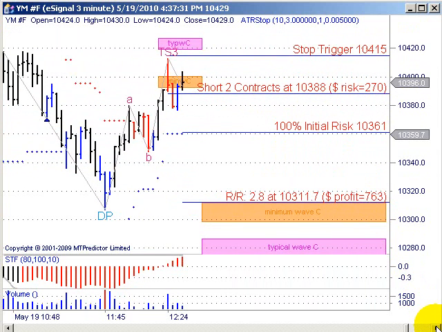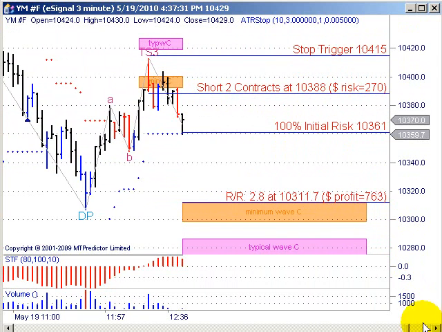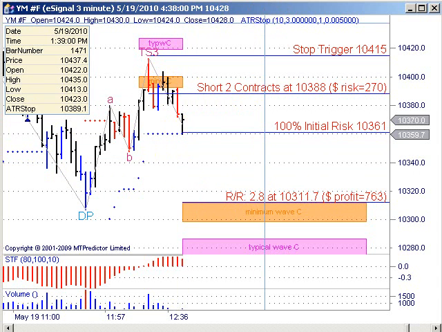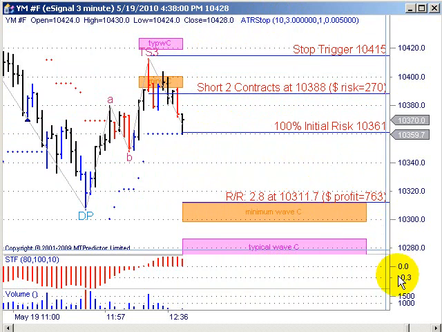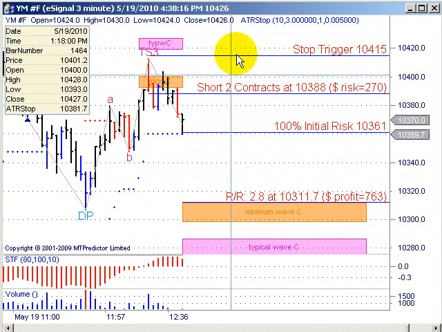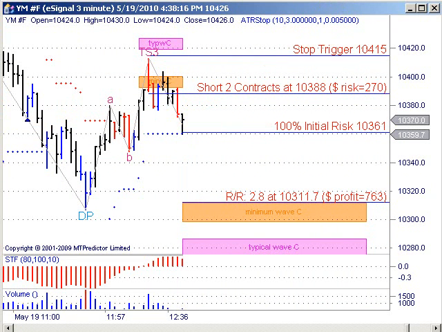So we're entered into the trade. Okay, so we've hit this 100% initial risk, and we then let's say decide to move our stop to the entry, and let's just see where this goes from here.